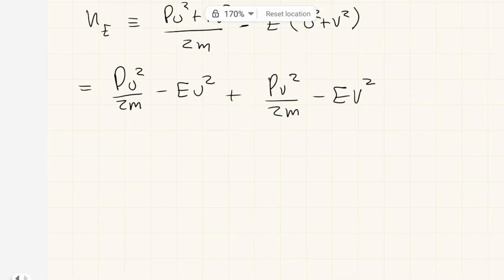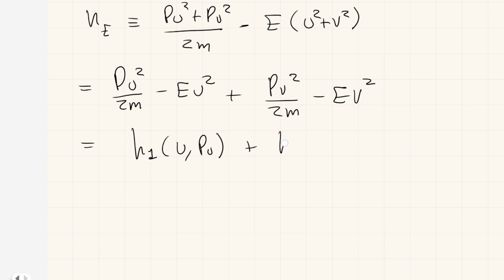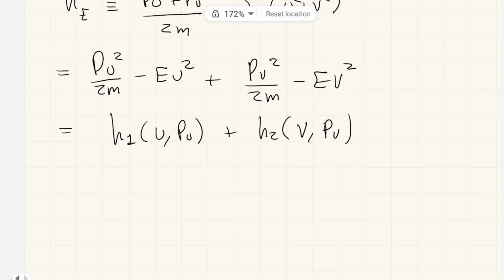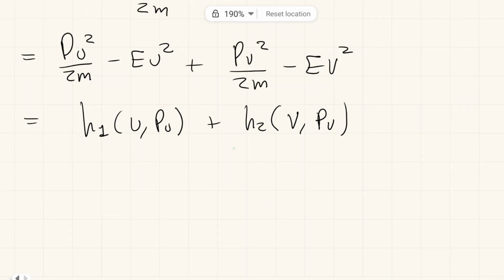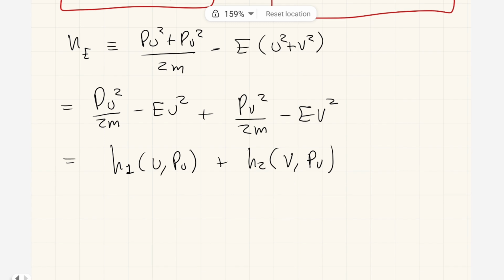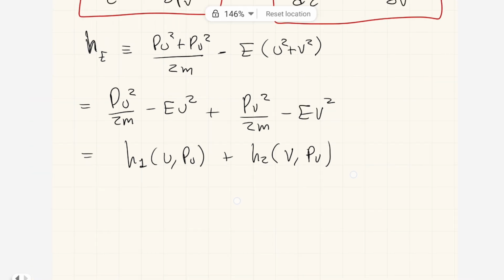As you can see easily, here we have a function, let's say h1 of u and p_u, and then a function h2 of b and p_b. So these two functions sum to get H_E, the new Hamiltonian.